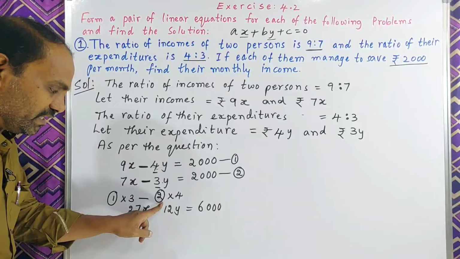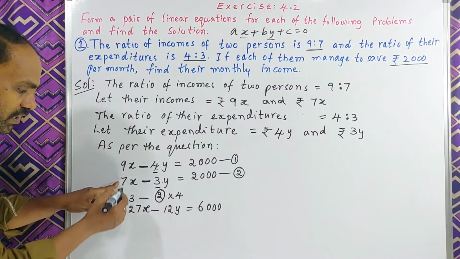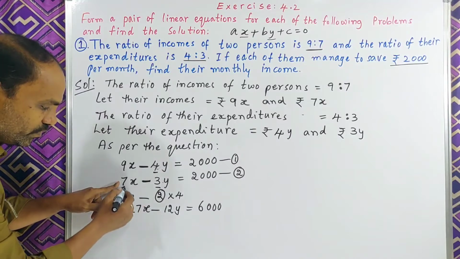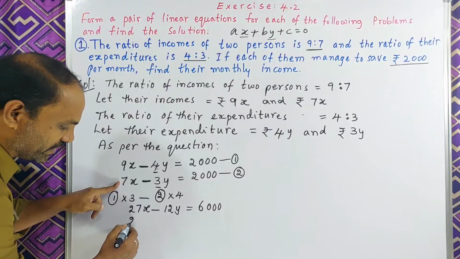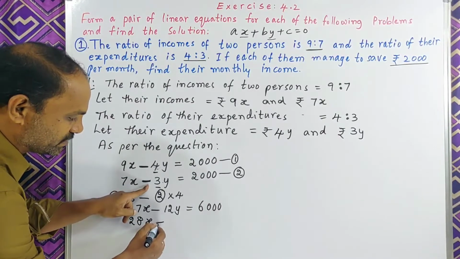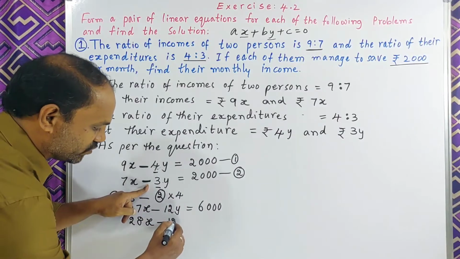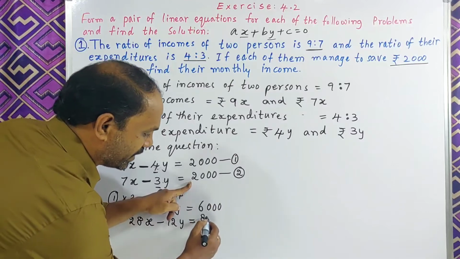Next, the second equation into 4. 7x, 7 into 4, 28x minus 4 into 3, 12y is equal to 4 into 2000, 8000.